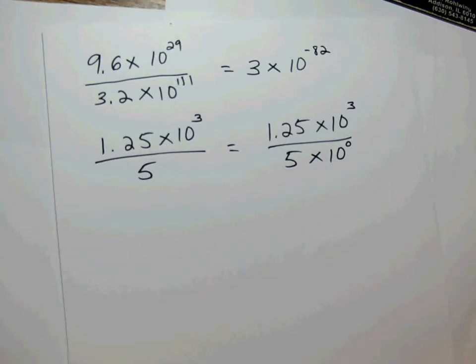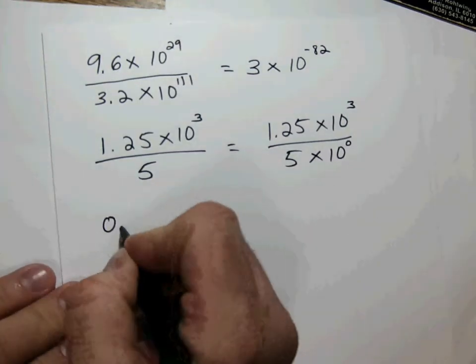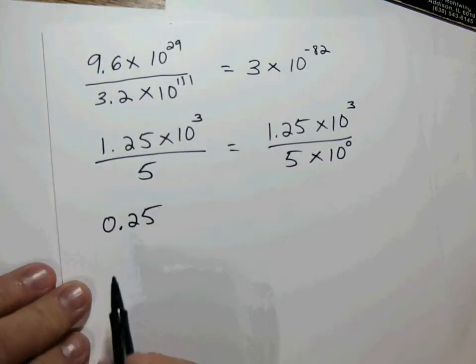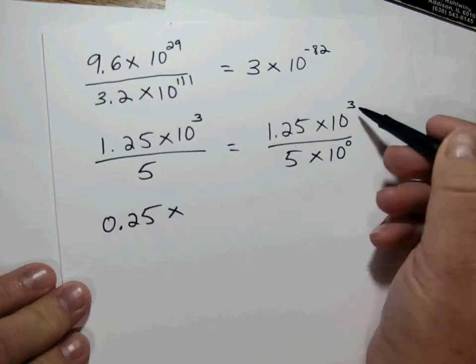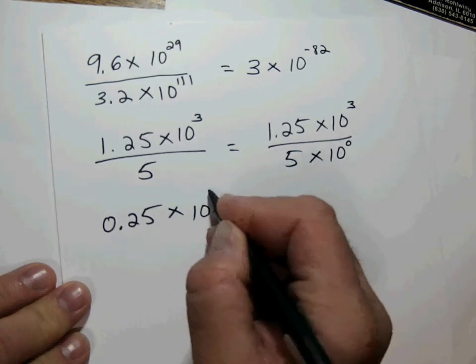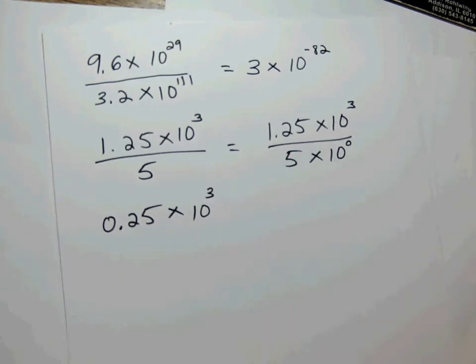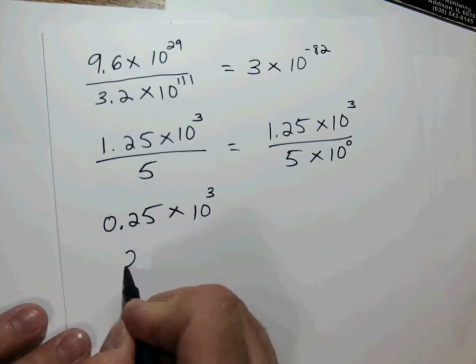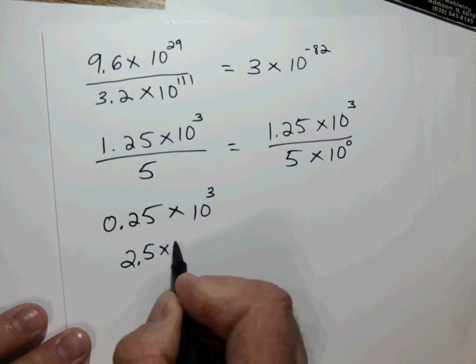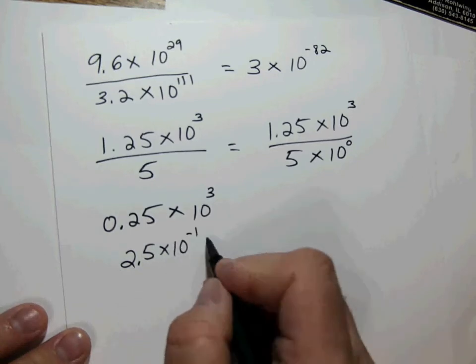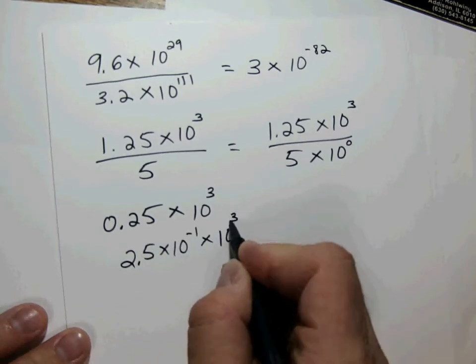1.25 divided by 5 gives us 0.25, so we're going to need to make a correction here. This is just going to be 3 minus 0. It'll still be 10 to the 3rd power. Okay, but I need to make that correction. So I'm going to call it 2.5 times 10 to the negative 1 power, and then times 10 to the 3rd power.